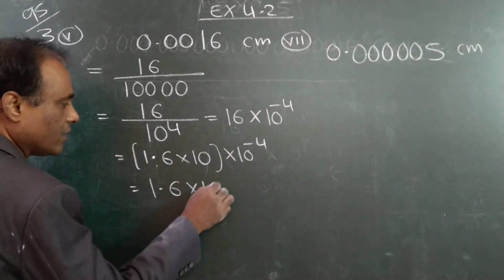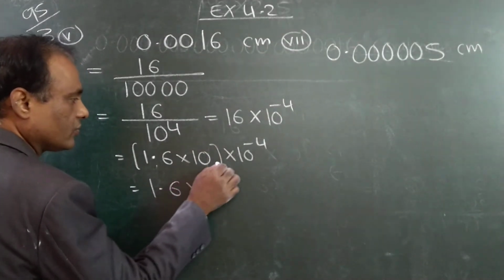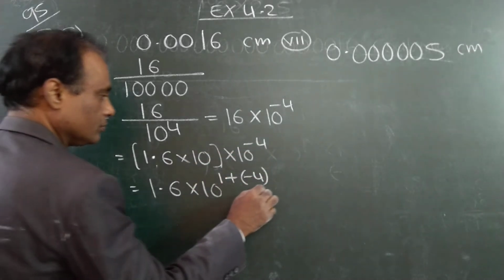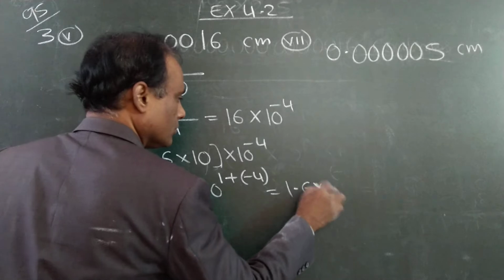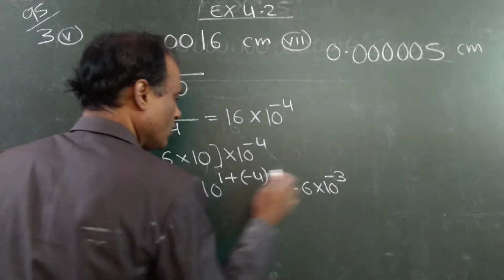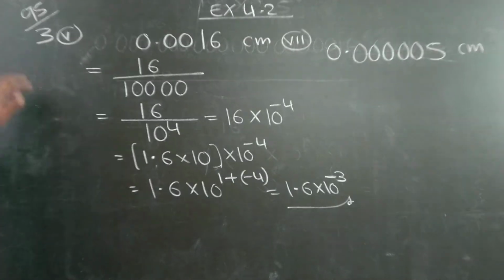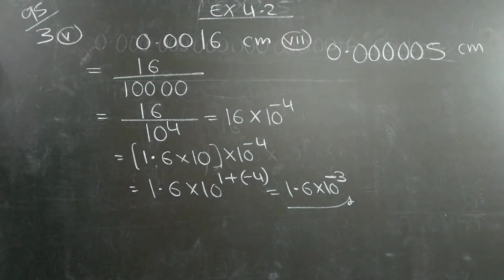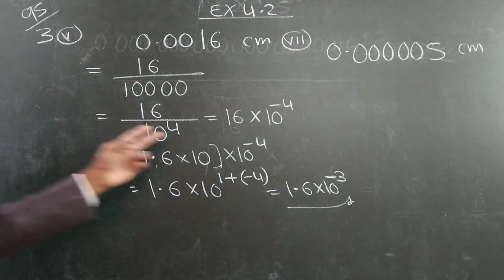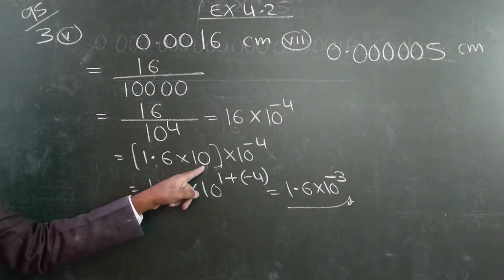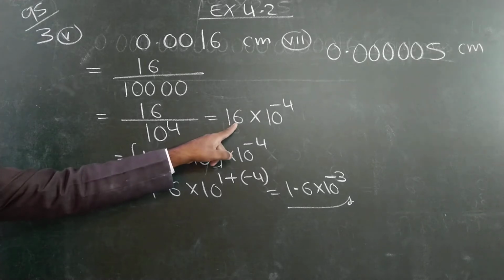Powers are added: 10 power, this is 1 plus minus 4. 1 plus minus 4 is minus 3. 16 can be written as 1.6 into 10. If you multiply these two, 16 only.